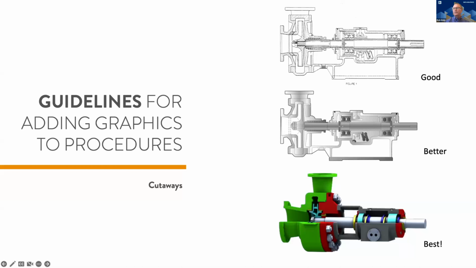You have the option of showing things more dimensionally. So the bottom version is what I would call the best version of a cutaway illustration, using a real 3-dimensional approach and a much more visual version of that cutaway. So just something to think about as you're incorporating cutaways or shears into your documentation.